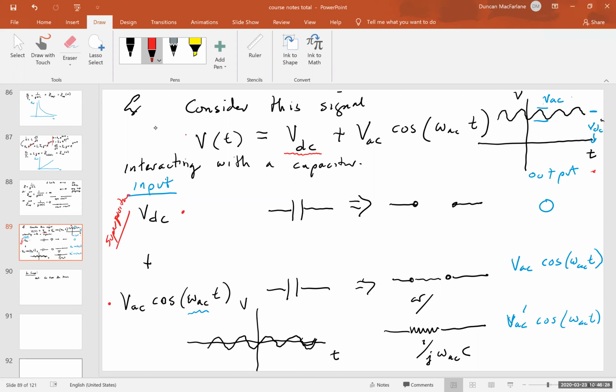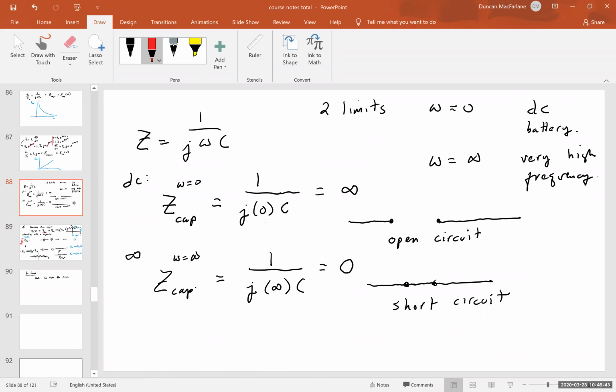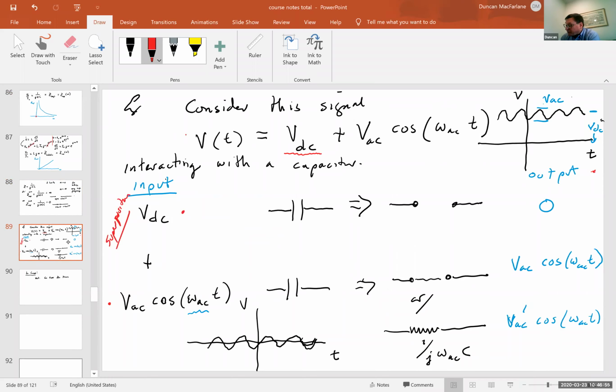And because I have an infinite impedance at omega equals 0, I have an open circuit here, so nothing gets through, so the output is 0. And so this piece of it on the output goes away, and the sinusoid falls down to 0. Okay, that makes more sense. Thank you.